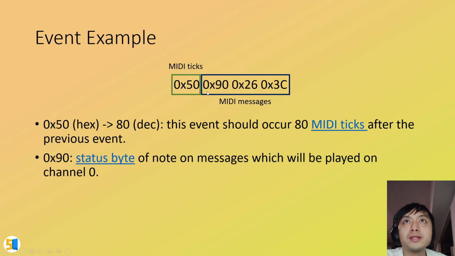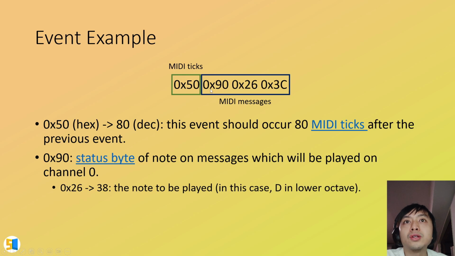So if we receive 0x90, it means that this message has a type of note on message, which will be played on channel 0. I will explain about that after this slide.